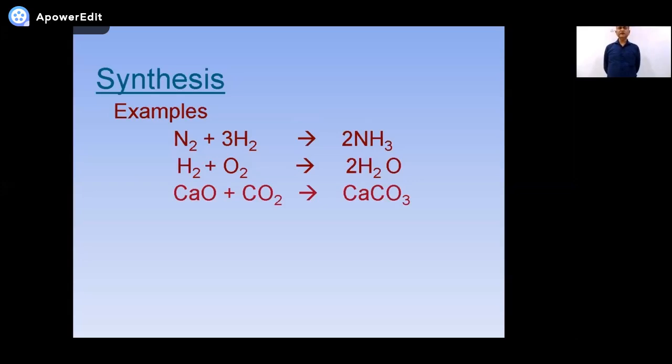This nitrogen is really inactive. That is why it is used in different areas. Like you can find nitrogen in a packet of potato chips. It contains nitrogen. That is why it is so inflated.